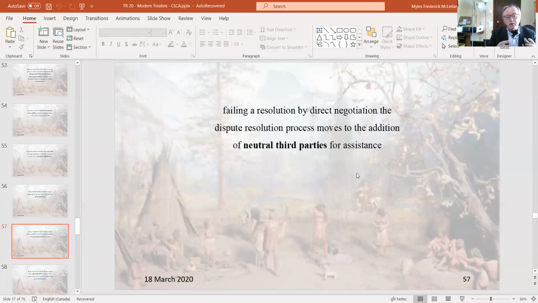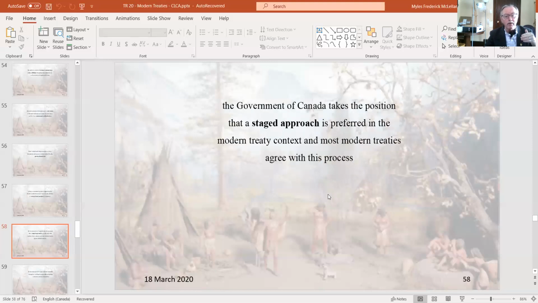If negotiation by way of that conciliatory kind of process doesn't happen, then we move to bringing into the picture what are considered to be neutral third parties to assist. But when we go from consensual party-to-party negotiation to third parties, at each level that we bring in a third party, the process becomes more complex and more formal.